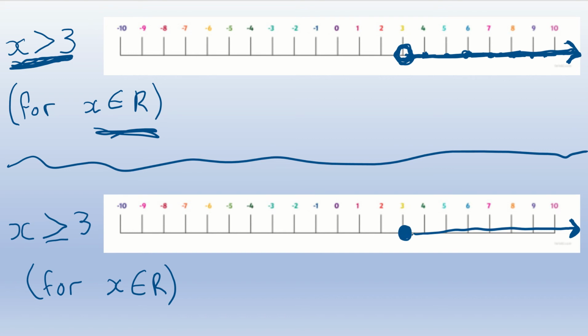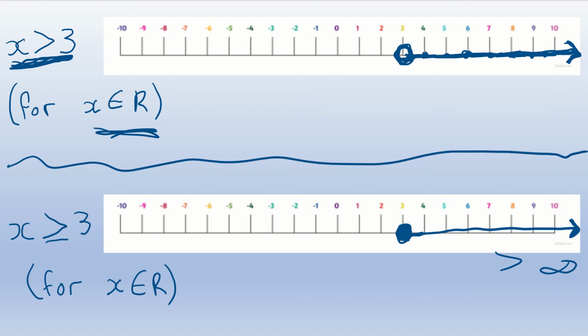So it's a filled in circle. And what this tells me is that I'm representing all the numbers that start at 3 and go all the way up to infinity. But I am including the number 3 as my starting point.